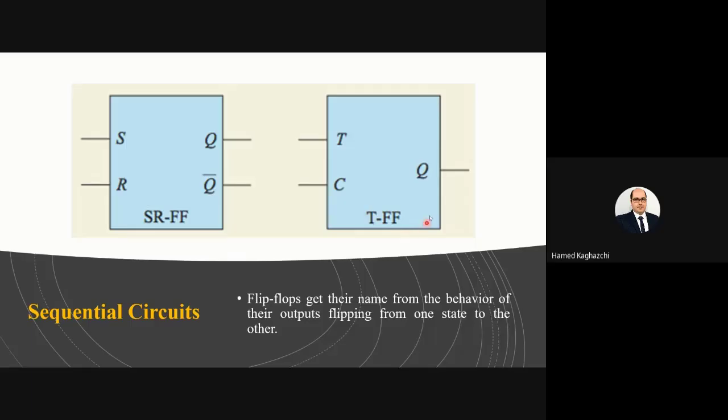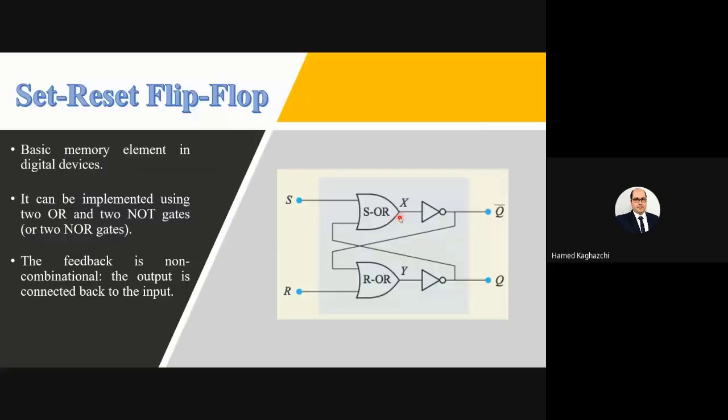In the toggle flip-flop, if we have some feature in the signal that comes in at this input, we can toggle the output. And this C is the clear signal. I will talk about these two flip-flops in detail.